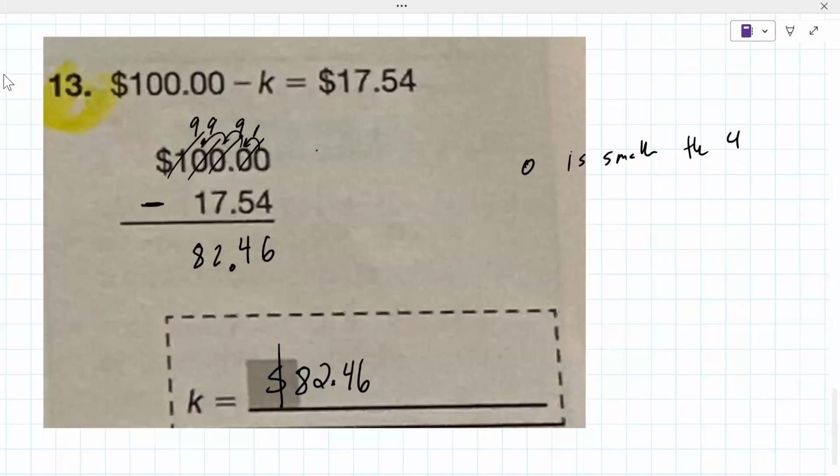It's working. Did you get this down? Yeah. Okay, let me know when you've done that because I cannot see your screen or your paper. All right, so here's one for you to try. Let's do 100 again minus 35.68. Okay, so this is very similar to the one you just did, just different numbers. Give this a try. Let me know your answer, or let me know if you have any questions.